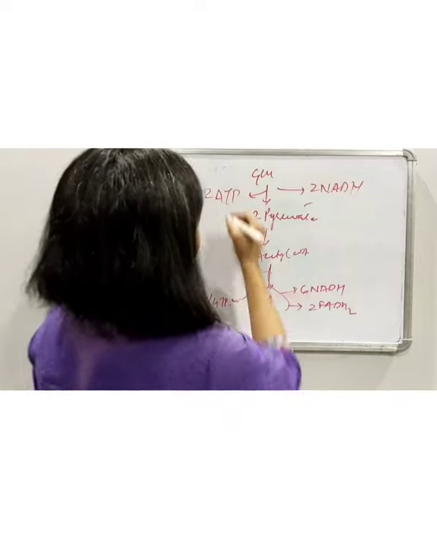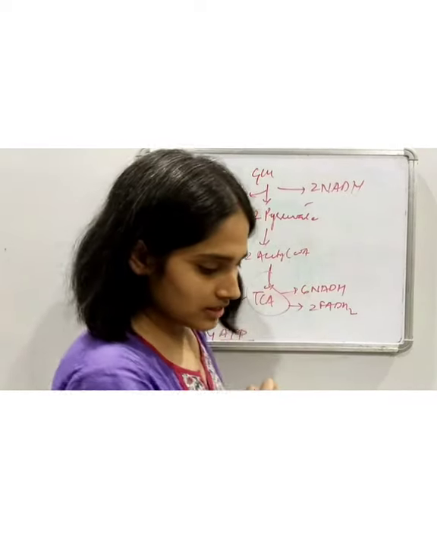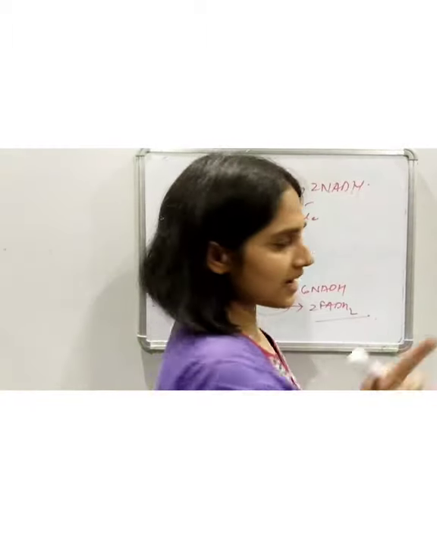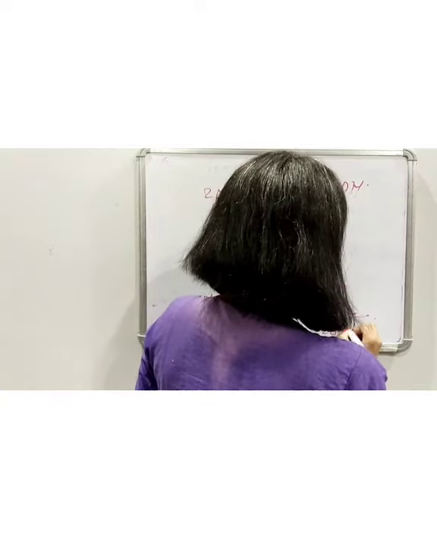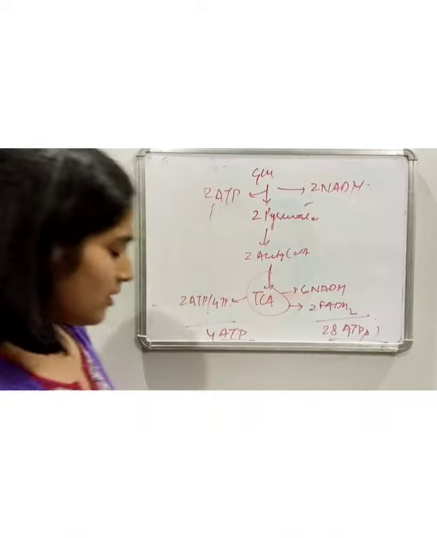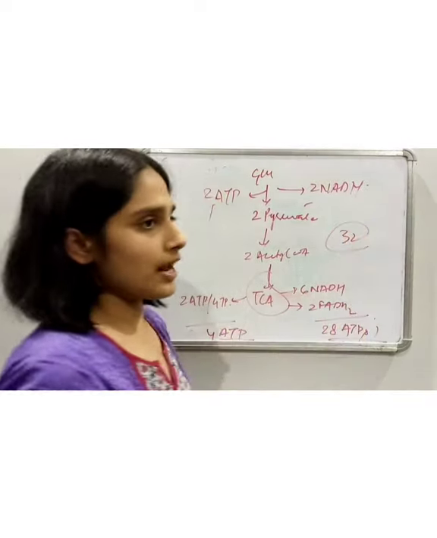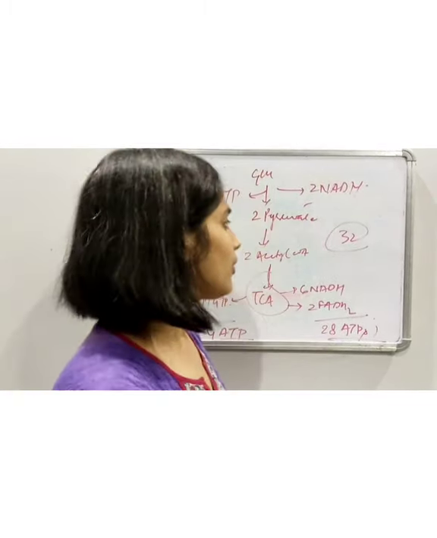So 2 plus 2, here we have 4 ATPs, and here 2 NADH, and 1 NADH gives 2.5. So in total we'll get 28 ATPs here, and a total of 32 ATPs by complete aerobic oxidation of one glucose molecule.